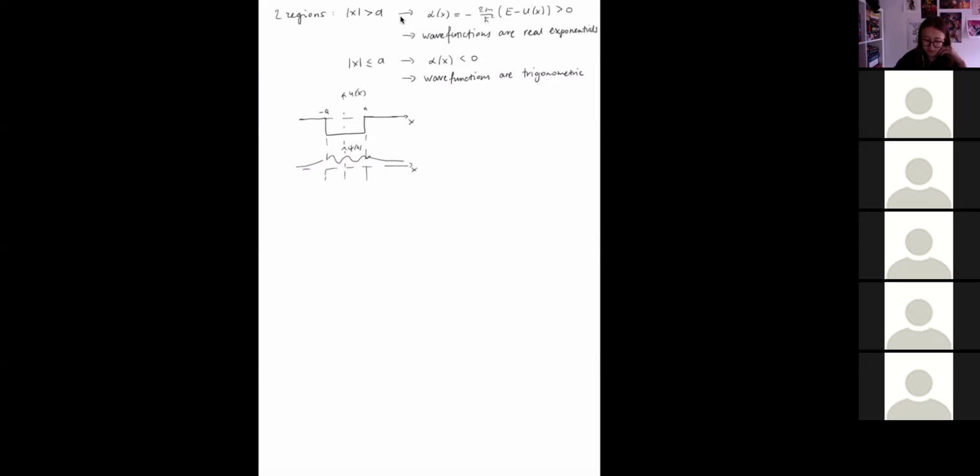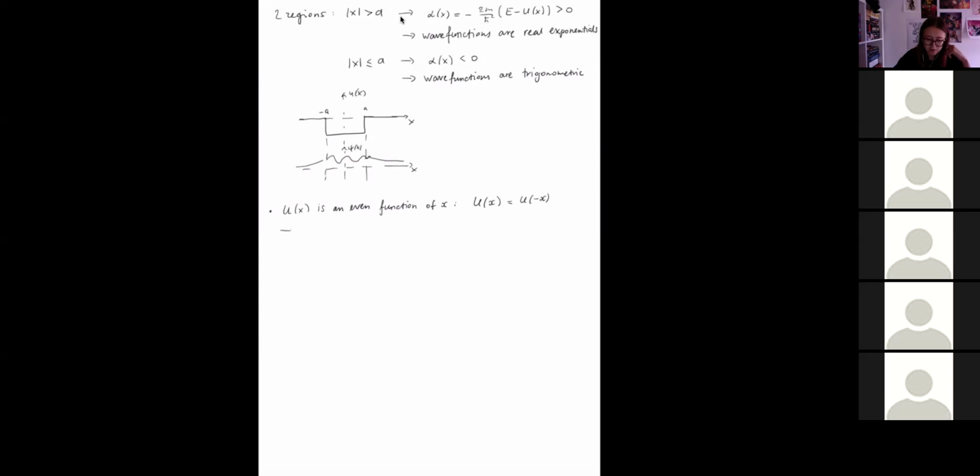Then another observation that we can make is that we can look at our finite well potential U of x again. We can note that U of x is an even function. You can already see it on the plot that it's symmetric. So U of x equals U of minus x. This is trivial.